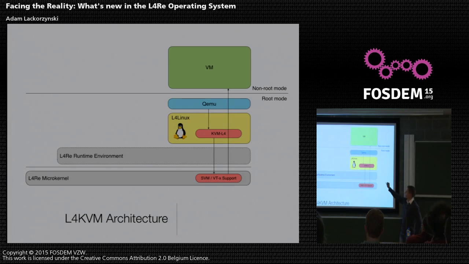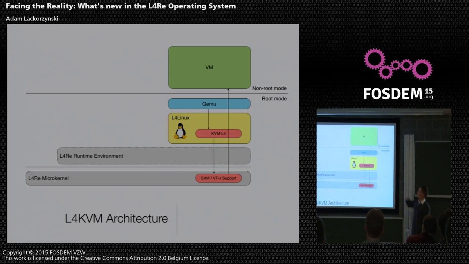Then we have L4Linux and the KVM module, and every time KVM tries to execute a privileged instruction to, for example, modify the virtual machine state or the virtual machine control structure, we had to replace that using L4 specific or L4Re specific mechanisms.